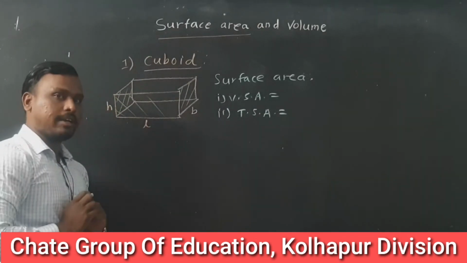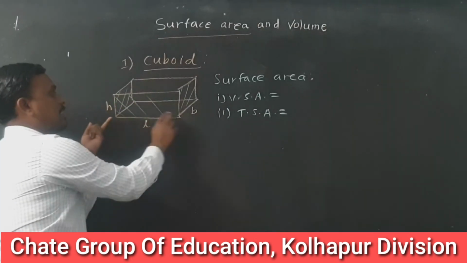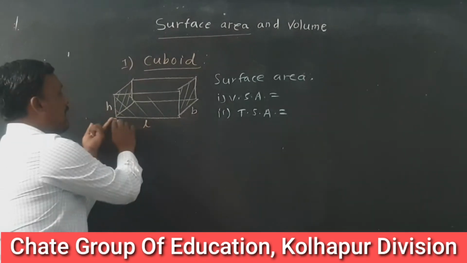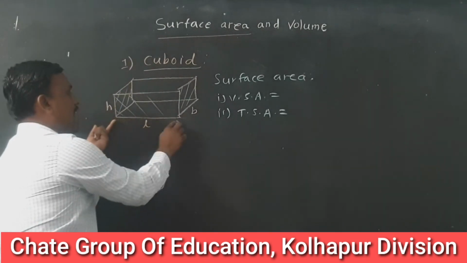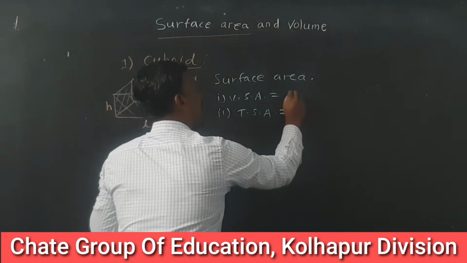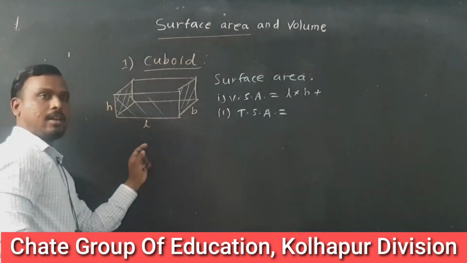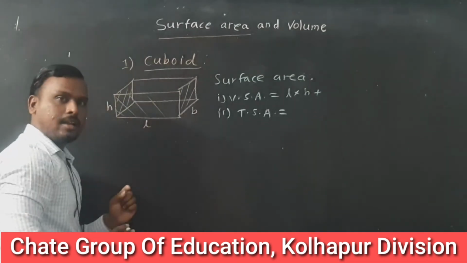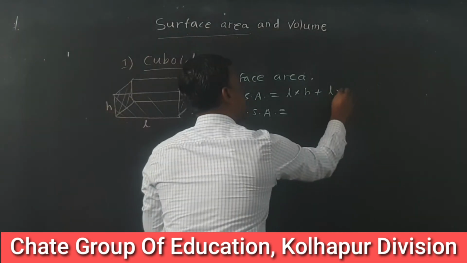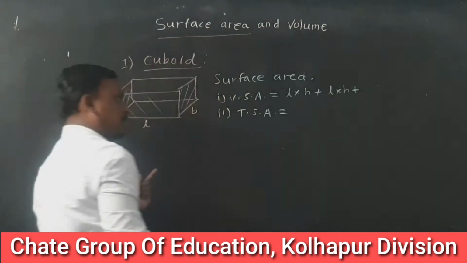We know the area of a rectangle. If you consider this rectangle, the area is length into width, which is L into H. So we write L into H plus, similarly the back side has the same figure, so again L into H plus.